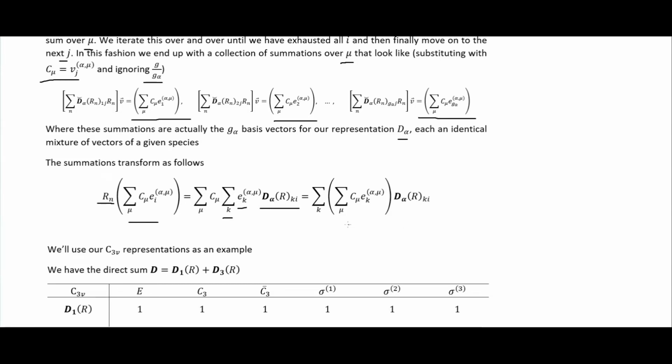And so we end up with this here, and these are acting as the components of these basis vectors. So we're getting the components out of this matrix right here.